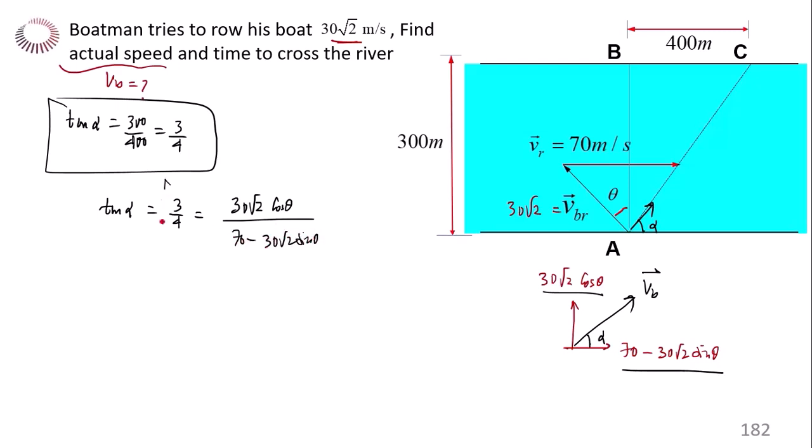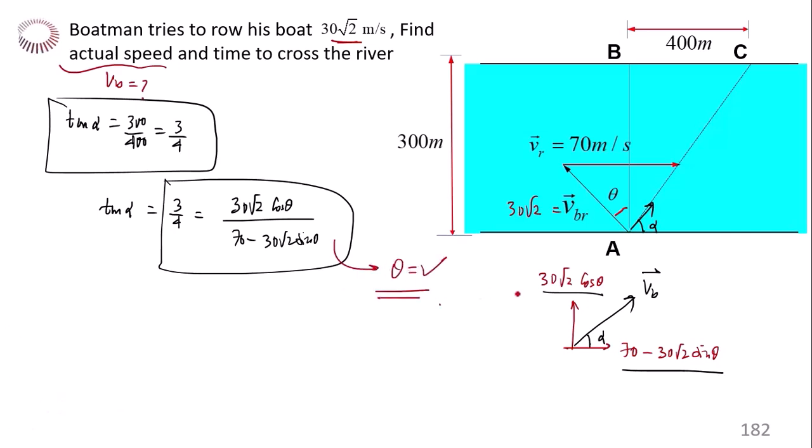Now this equation has to be solved to calculate the value of theta. Once theta is known, then the time to cross the river or VB can be known. Once theta is known, the x component and the y component are also known. So the resultant of these two will give the value of VB. With that, you can also calculate the time to cross the river.